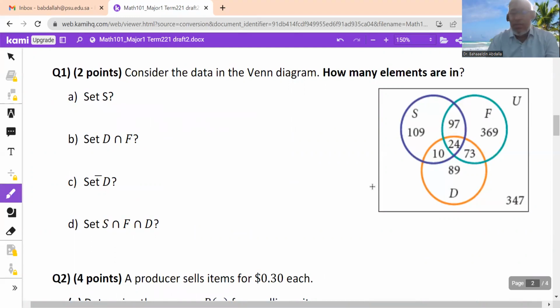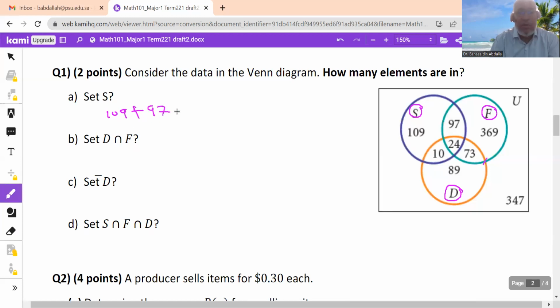So set S. You notice that in this diagram we have set S and set F and set D, and this is U, the universal set, everything. So in set S, we have 109, you add 109 plus 97.